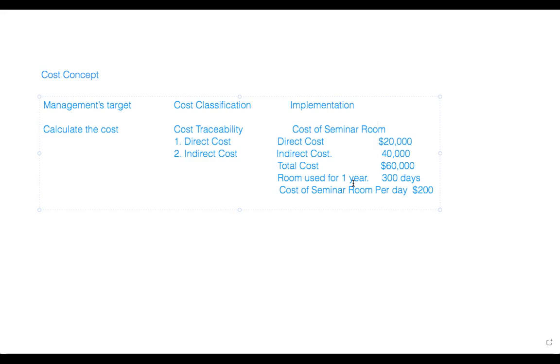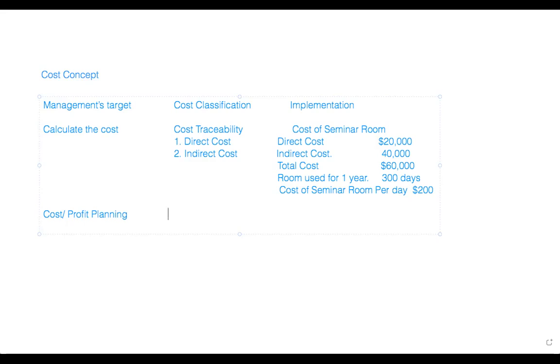And the second one. What is the management target? In order to do cost planning and maybe profit planning. So what could be the cost classification in here?